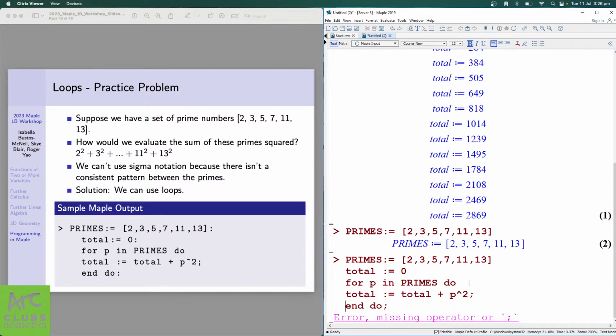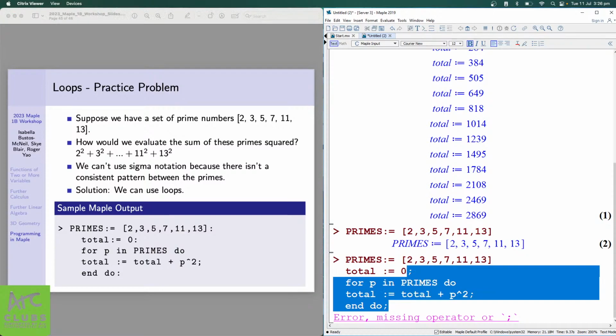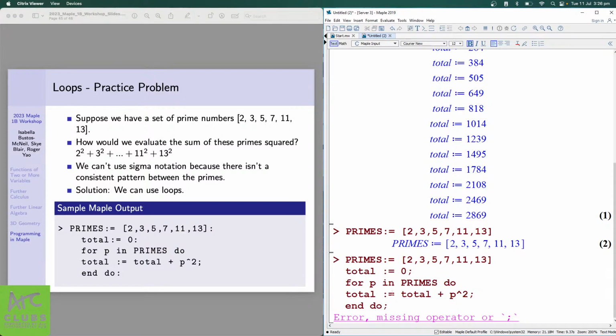Nope. Okay, well, there's a small mistake in the code here. I can't really figure out where. But this is a general way we would approach the problem.